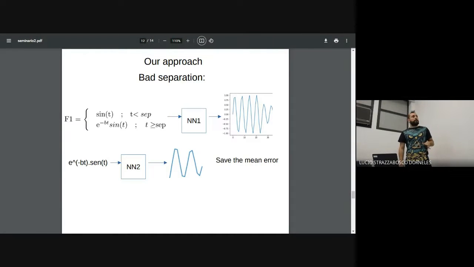This is the main idea of our approach. When we make a different separation of the two functions, we get a mean error bigger than before.